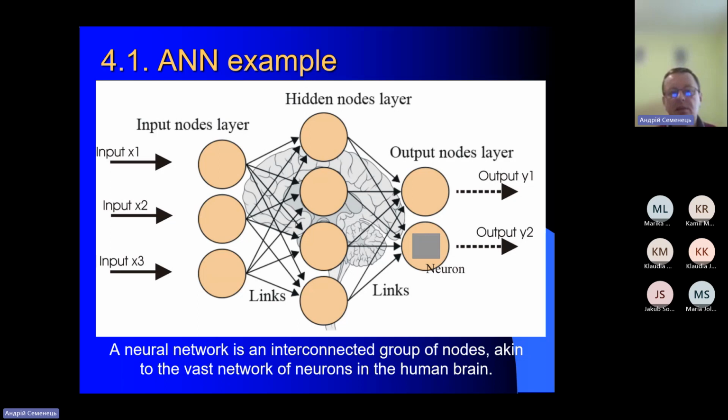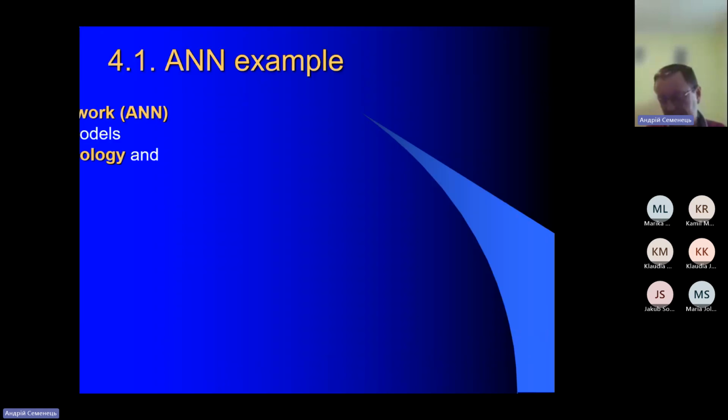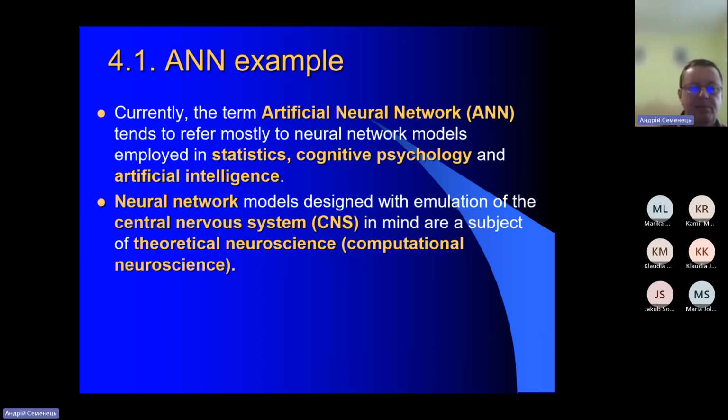They are built automatically during the network learning process. So here we have the intermediate group of nodes, again a vast network of neurons like in a mind. It's like a simulation of a mind, of course with much less complexity by this time.